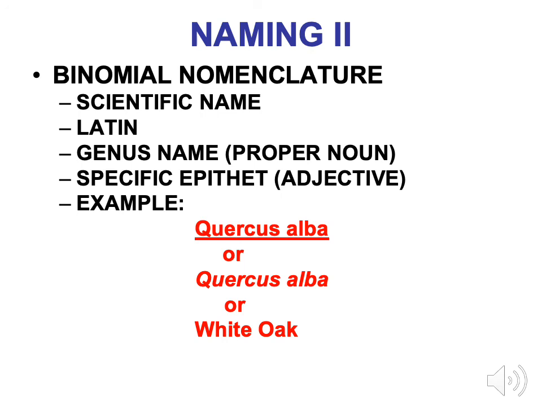And pretty much everybody in the United States knows what a white oak is. And I suppose pretty much everybody in Europe and in Great Britain knows what a white oak is. The problem exists when you start going to some other countries where white oaks aren't standard. There's other possibilities for confusion as well.